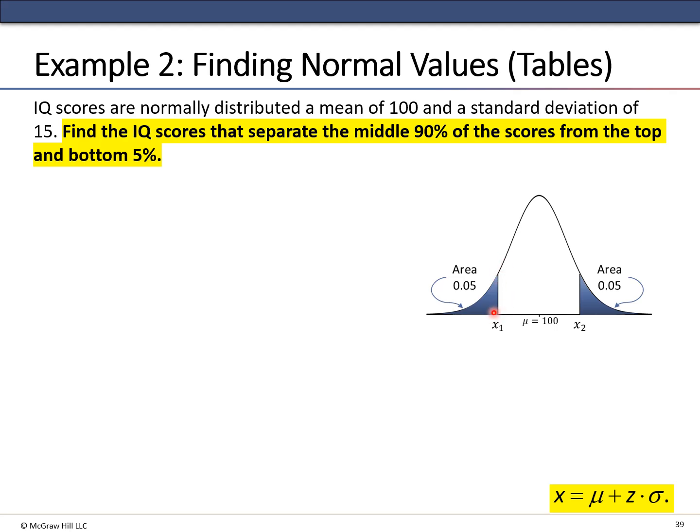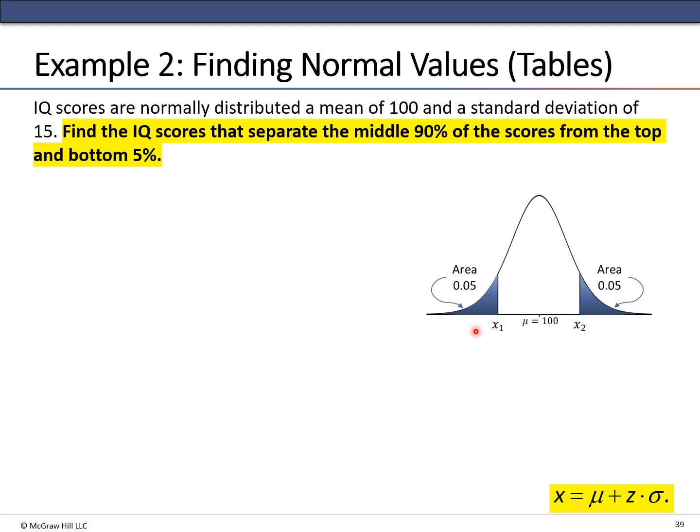So remember again, when we were trying to find the values between, we take the z-score for the upper value, which would be all the white area in the middle and this black tail to the left.